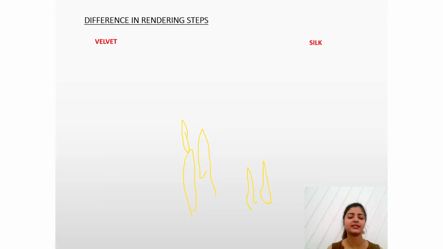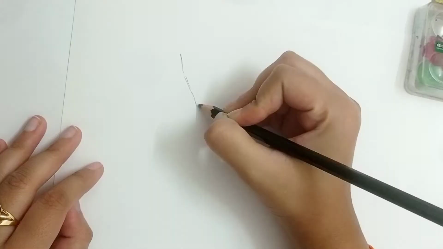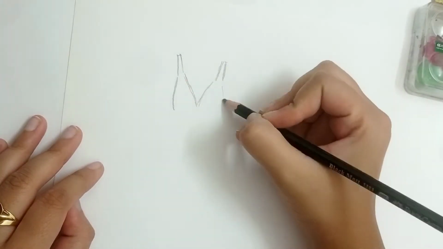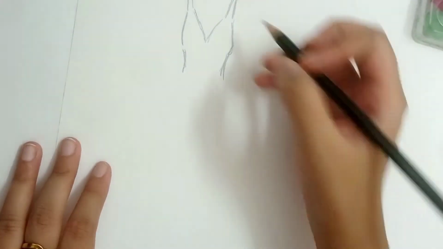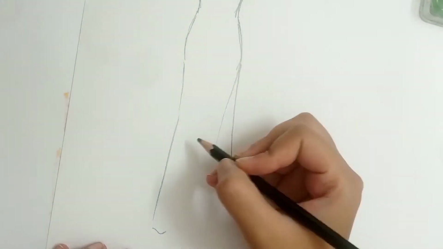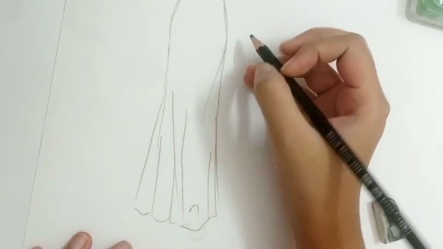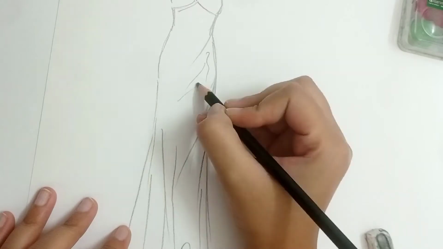And for more understanding, let's watch my video and be ready with your watercolors as well as pencil colors. So to illustrate this silk and velvet gown, we need watercolors, and let's make the line art first. You can illustrate or sketch any dress of your preference, long, short, bodycon or flare, up to you.